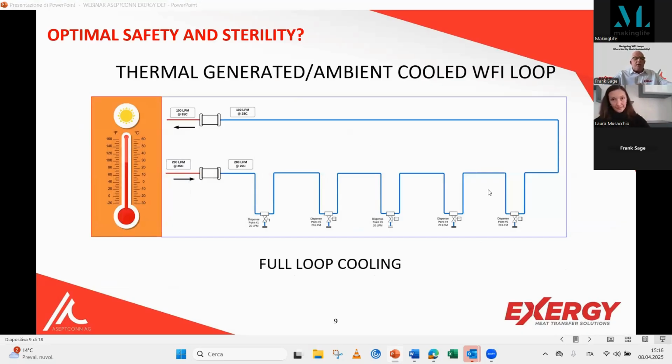It's really helpful to outline the challenges that face all designers when it comes to the generation, distribution, and dispense of WFI. And I think you've highlighted very well that the major challenges are sterility. We've got to maintain this critical utility in a sterile state.